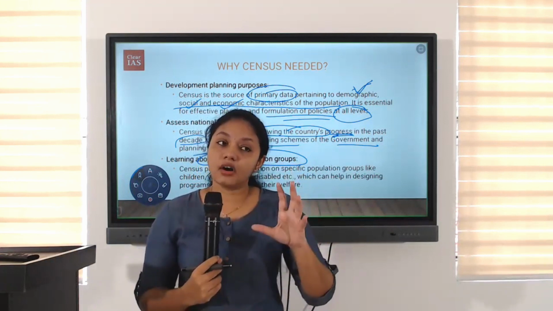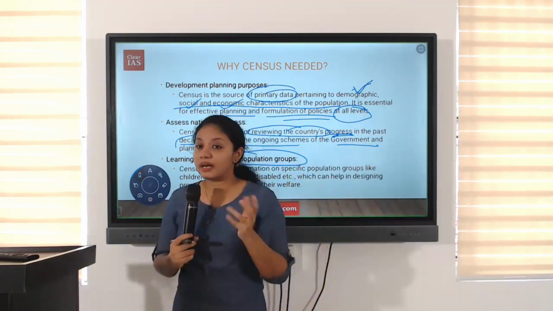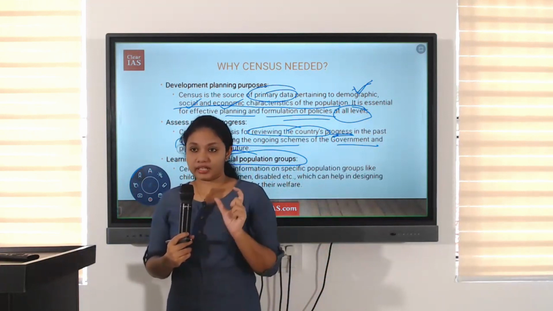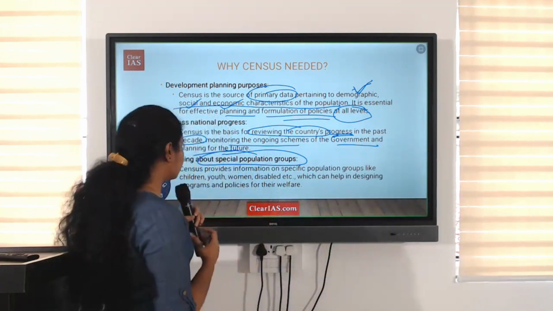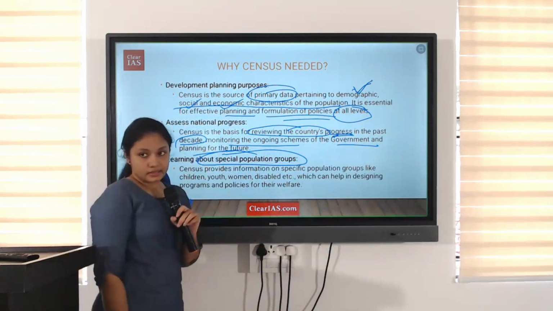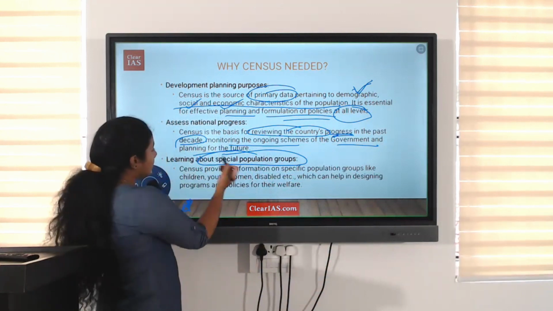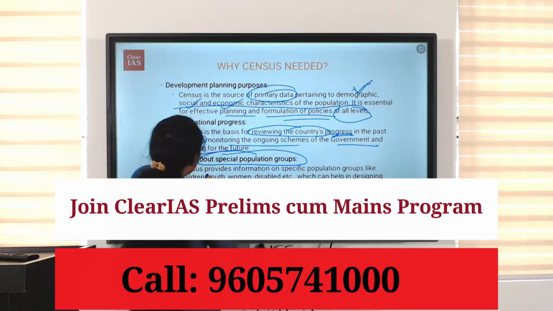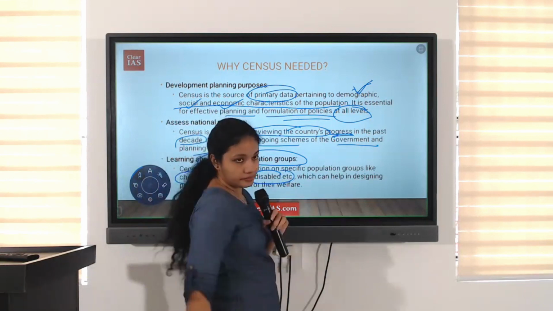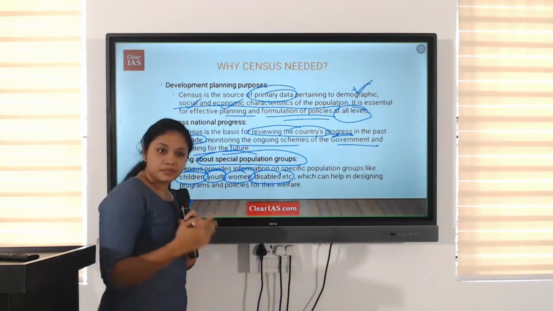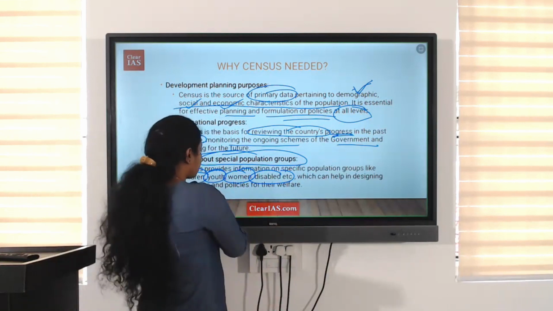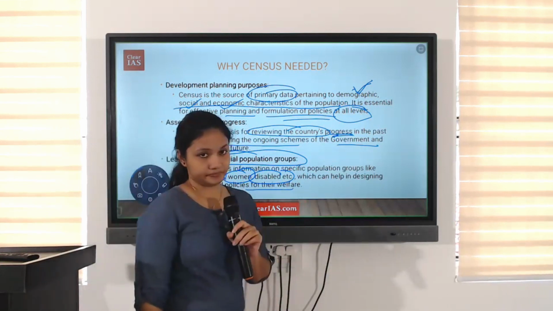So to identify or to have special care for each vulnerable section, analysis of this data is important. Clear? That is the next importance of why census is needed. Learning about special population groups. Who are the special population groups? Children, youth, women, disabled, etc. Okay. Even tribes, SCs, all are involved, which can help in designing programs and policies for their welfare.